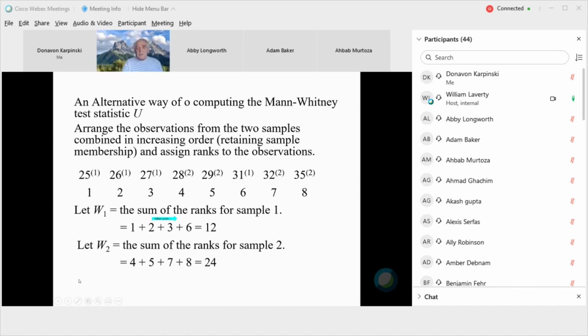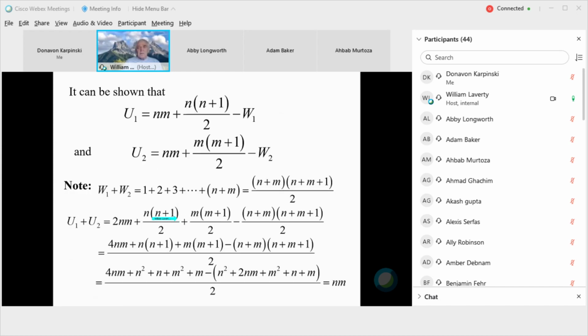The sum of the ranks for sample 2 would be 4 plus 5 plus 7 plus 8. So U1 can be shown to be n times m plus n times n plus 1 over 2 minus W1. U2, the same formula, except you're using the second sample.